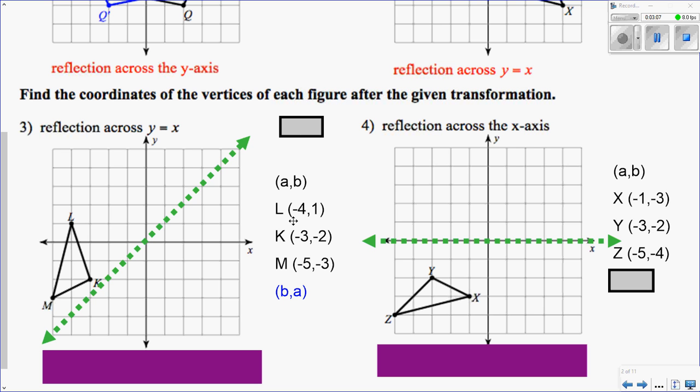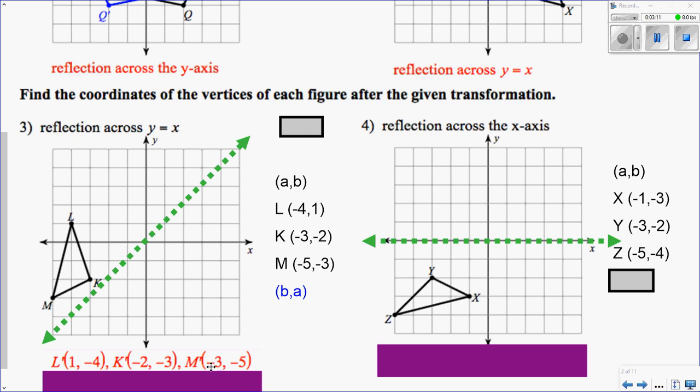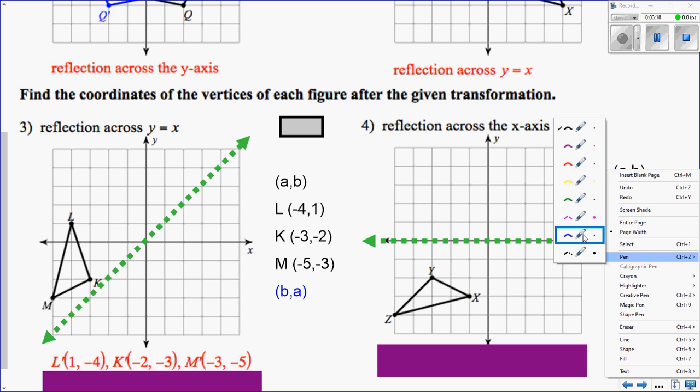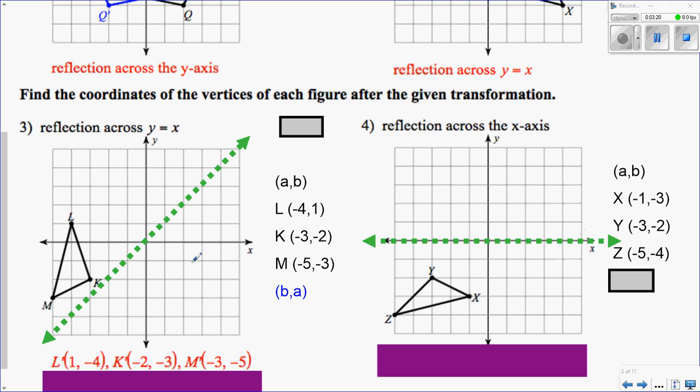So all the points that you have will switch, and you will have L prime as (1, negative 4), and I'm going to plot these points using blue. K prime is (negative 2, negative 3).